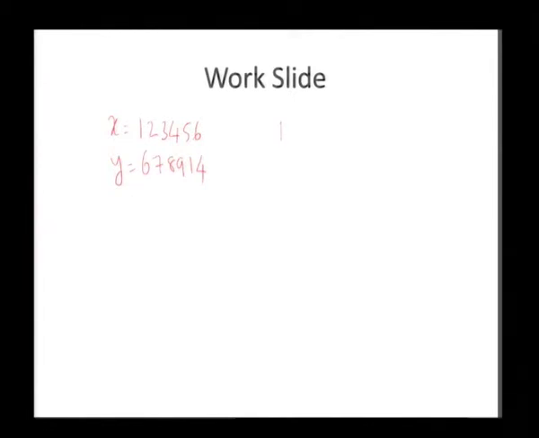The total number of digits in both these cases is 6. We write x to be 123 multiplied by 10 to the power of 3 plus 456.